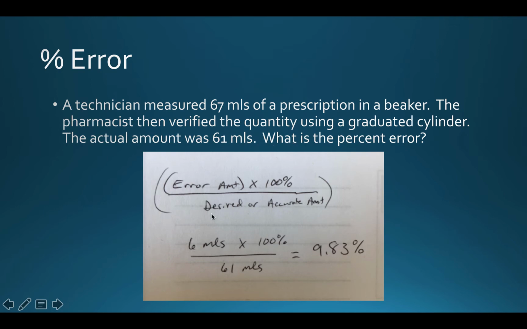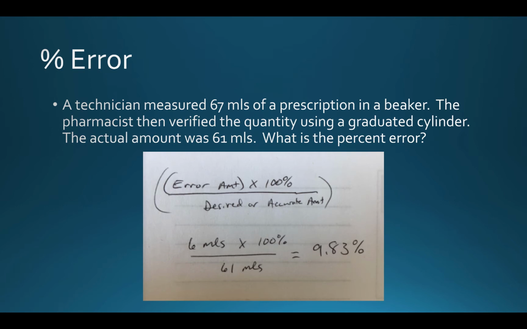What's the percent air? So in this case, we've got the air amount, which was 6 mils, times 100%, divided by the actual amount. And this gives us a percent air of approximately 9.83%.